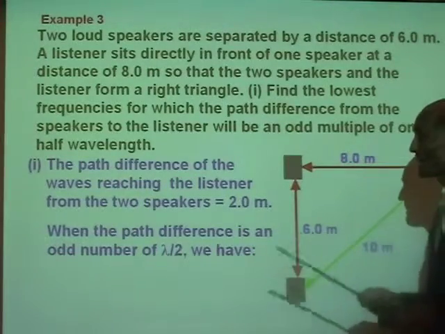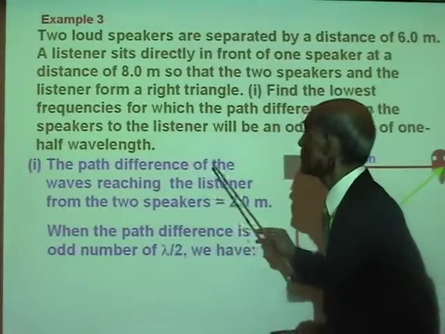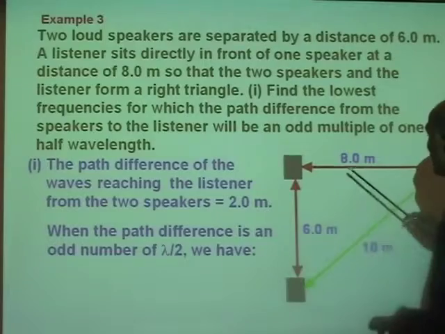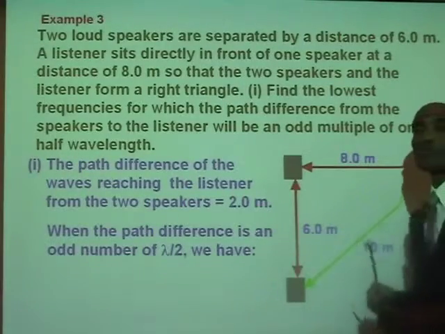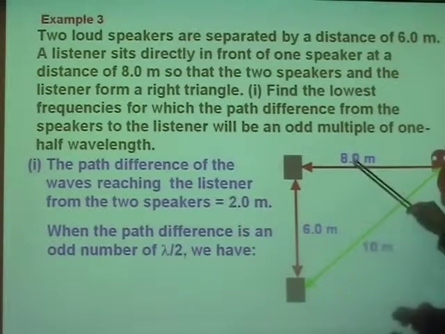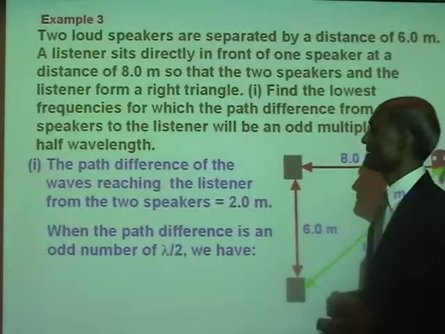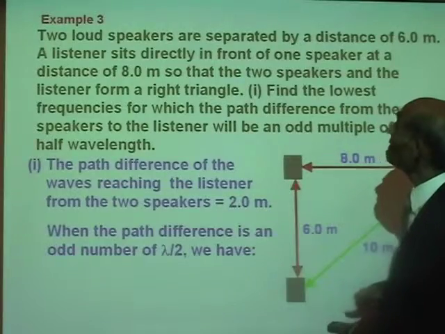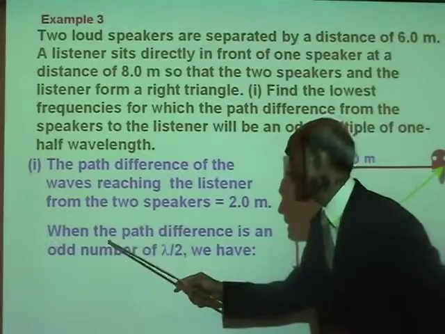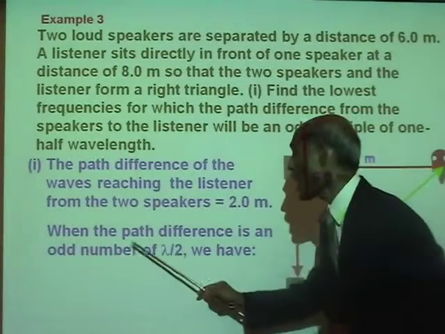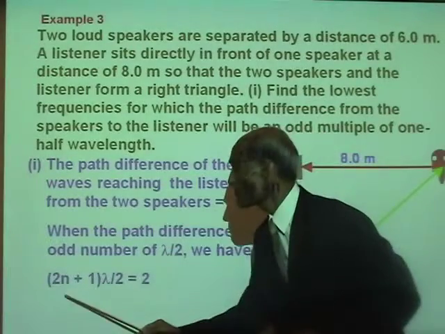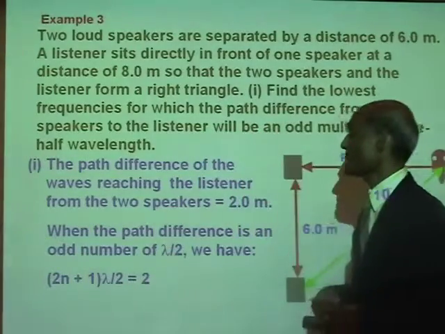Alright, what is the path difference of the waves reaching the listener from the two speakers now? It is 10 minus 8, 2 meters. And what is the wavelength of this wave? We don't know, is that right? We said when the path difference is an odd multiple of lambda by 2, what do we have? 2n plus 1 multiplied by lambda by 2.